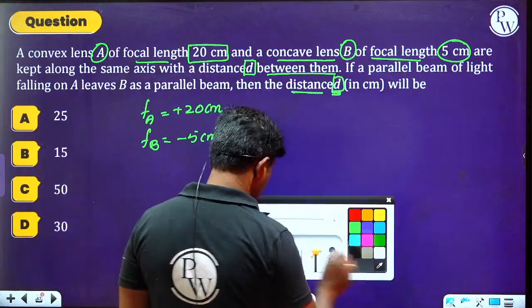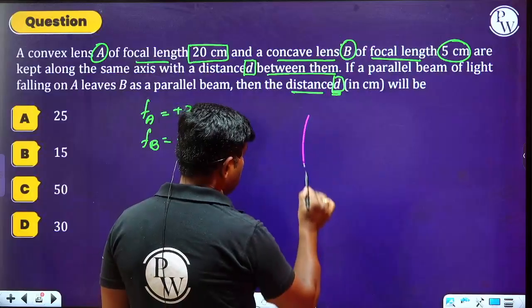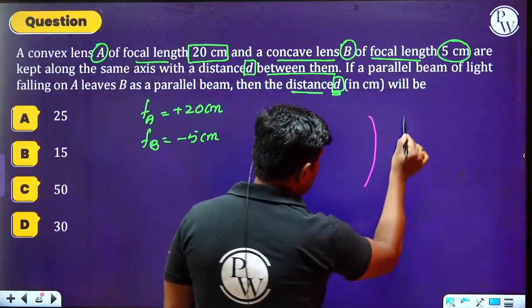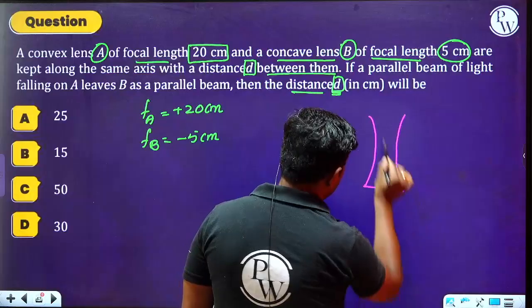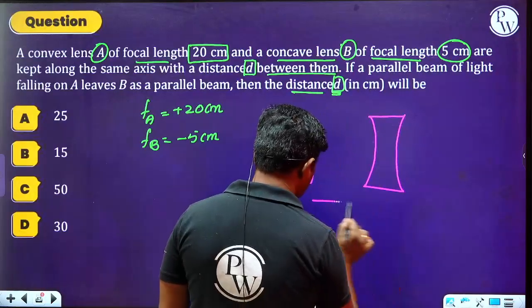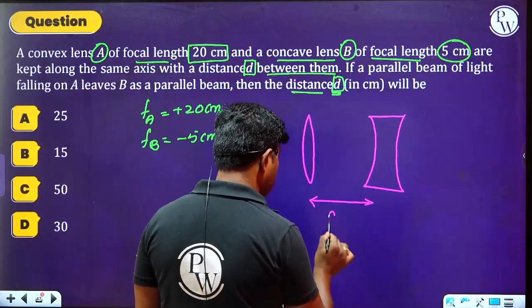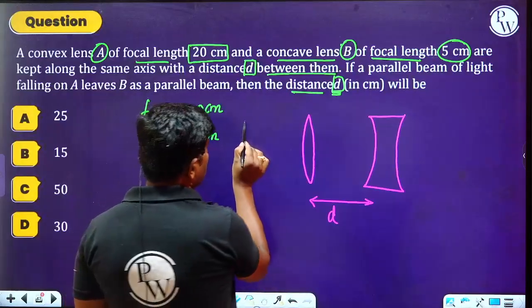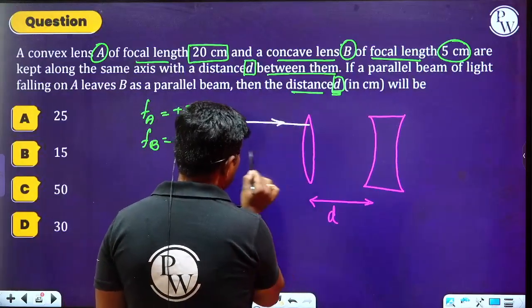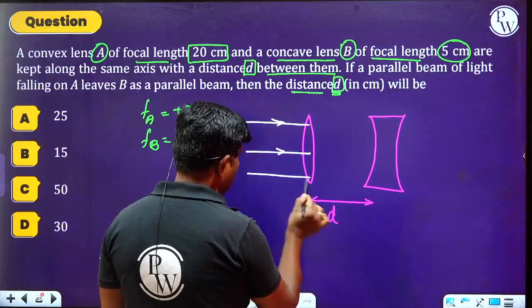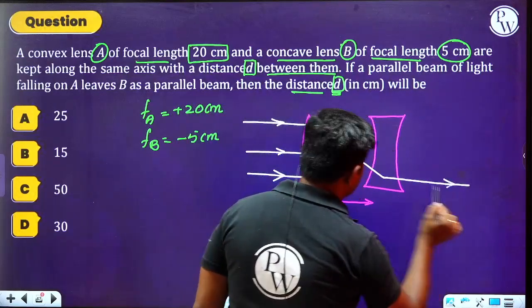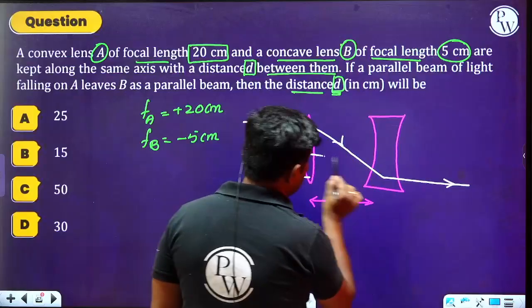Please observe this diagram. One is a convex lens and the other one is a concave lens, and these two are separated at a distance of d. What they are saying is that the ray which is incident parallel to the convex lens is leaving parallel to it.